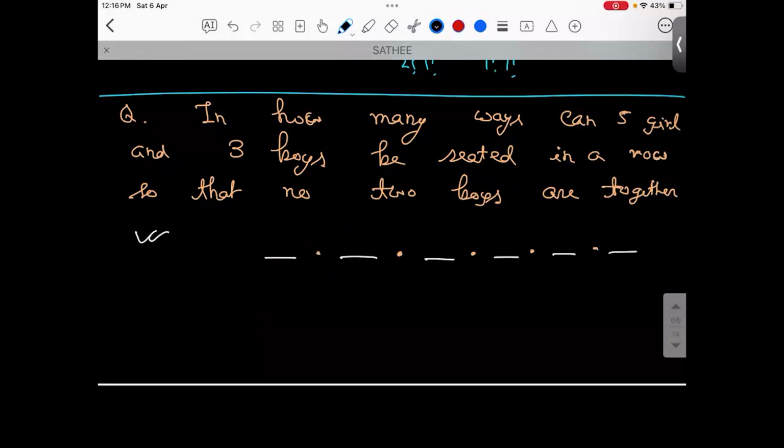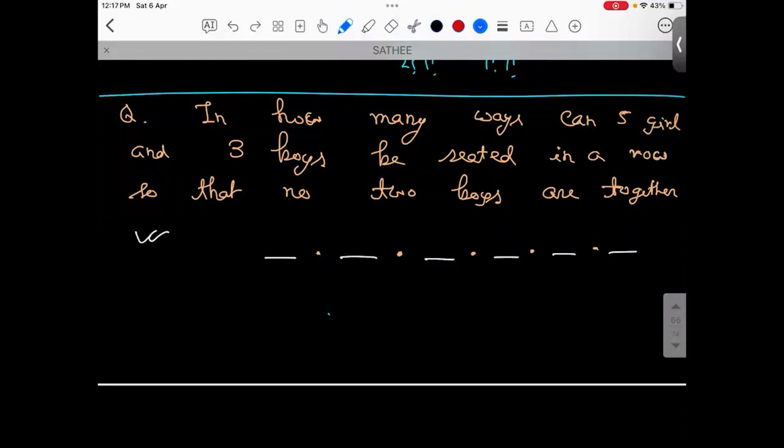It may happen that the boys sit like this: one is here, two is here, three is here. Or it may happen that one is here, two is here, three is here. So all possible combinations can happen.